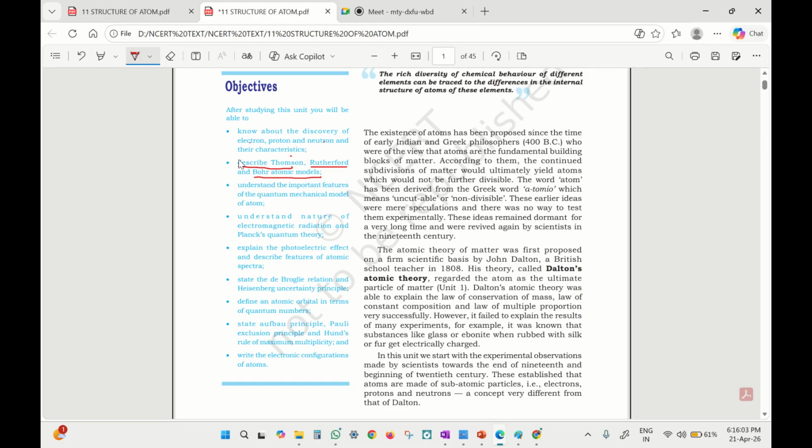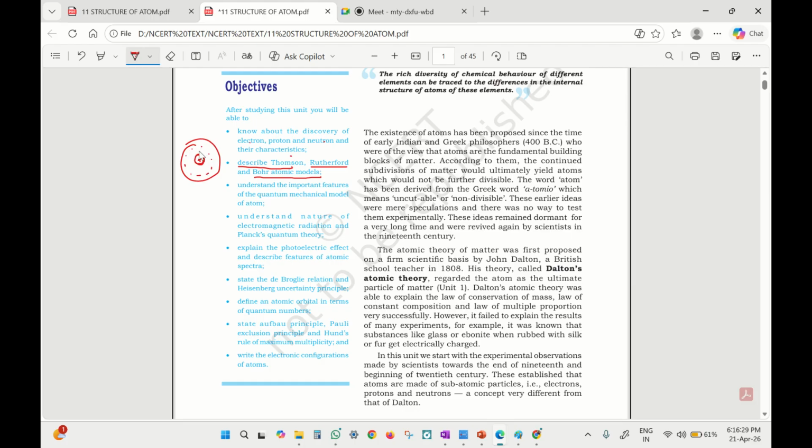Then came Rutherford's model, which was based on an experiment called the gold foil experiment. Based on the observations he made in the gold foil experiment, he concluded the structure of the atom. If you remember, most of the positive charge is located at the center of the atom, called the nucleus.